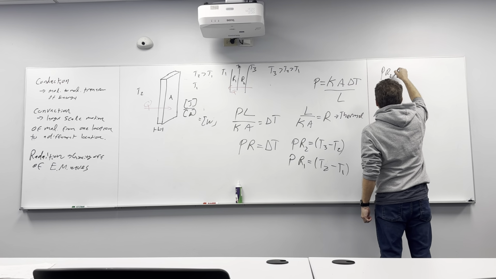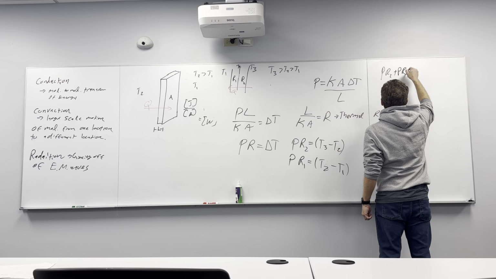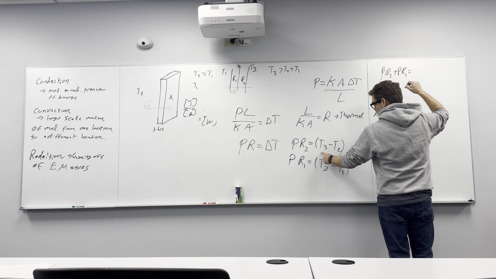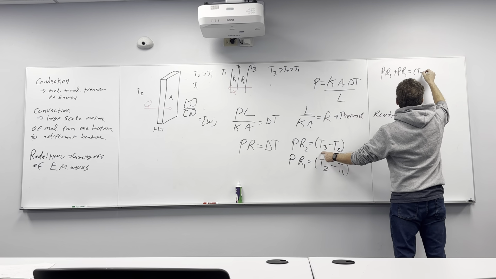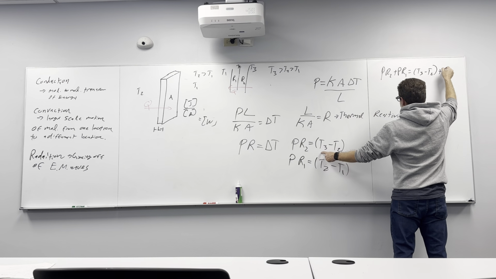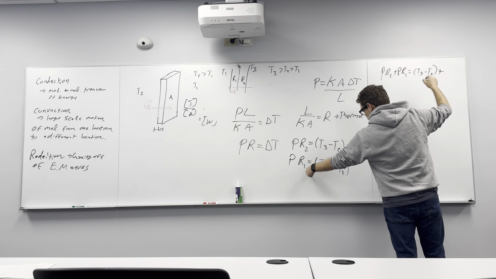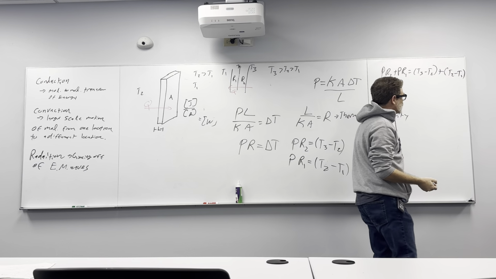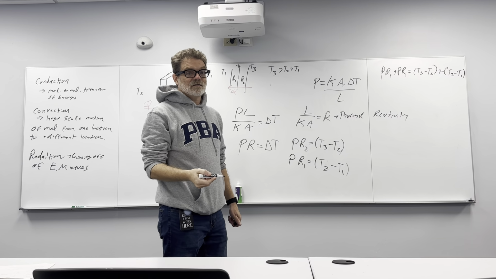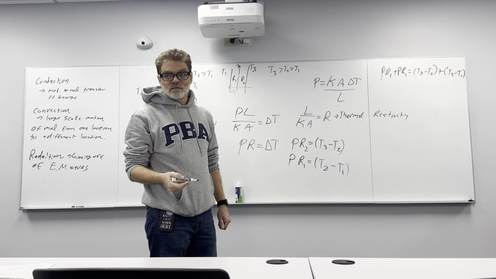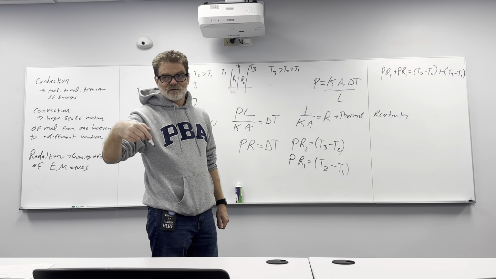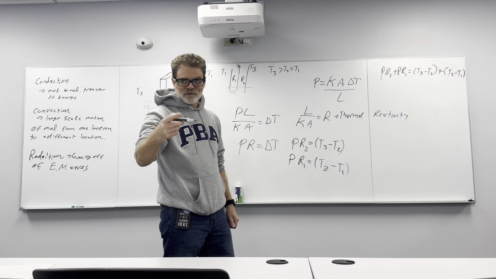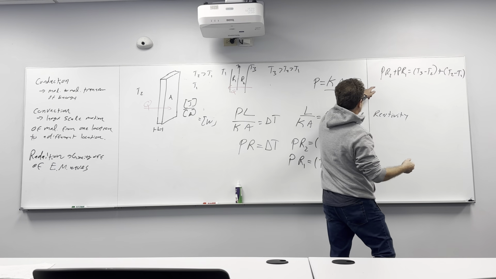P R2 plus P R1 equals, well, P R2 is T3 minus T2, and P R1 is T2 minus T1. What cancels on the right? T2. You with me? And I can factor out a P on the left.